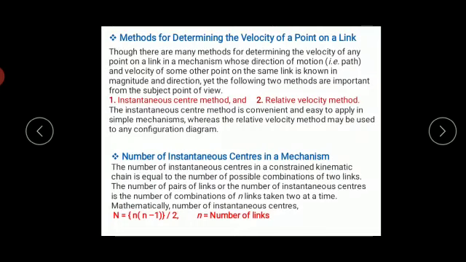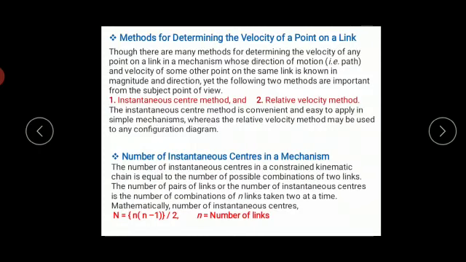Now, the instantaneous centers in a mechanism have some properties. The instantaneous center is a zero velocity point, meaning the velocity is null there. The instantaneous center may lie either inside the mechanism or outside the mechanism, that is, either inside the body or outside the body.